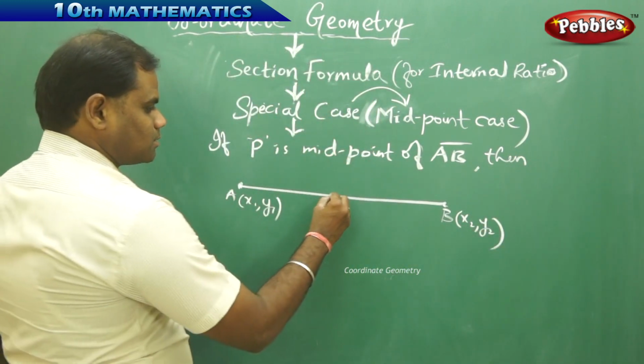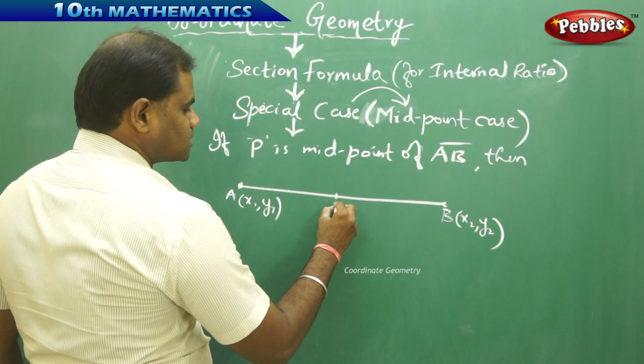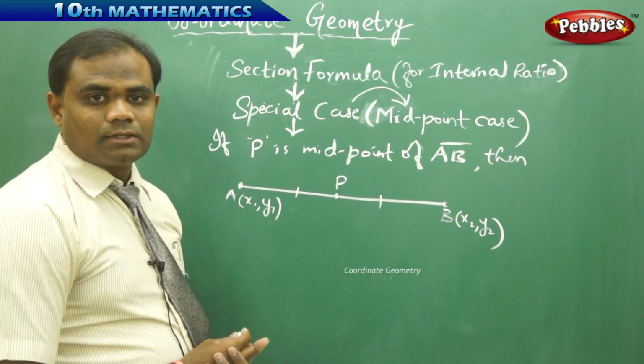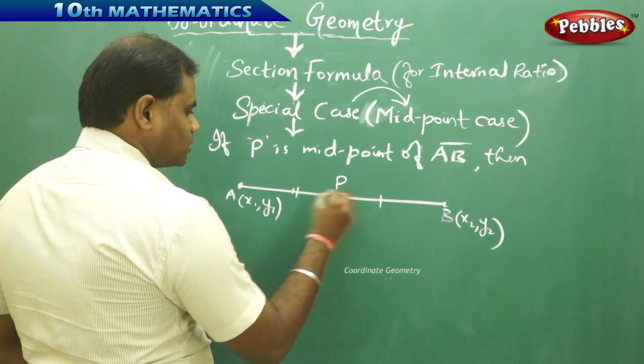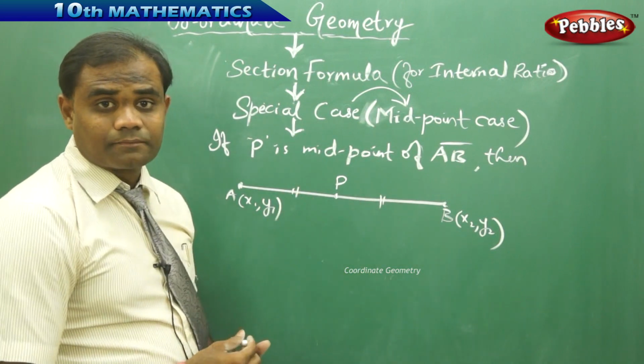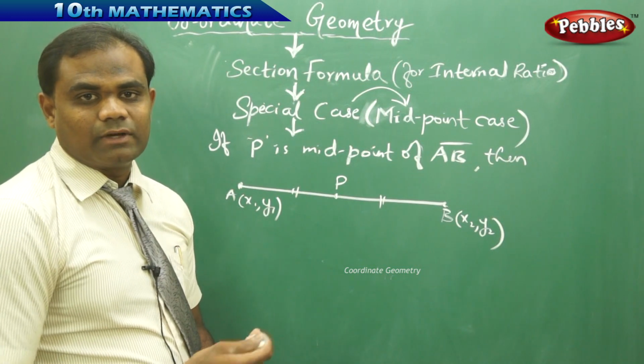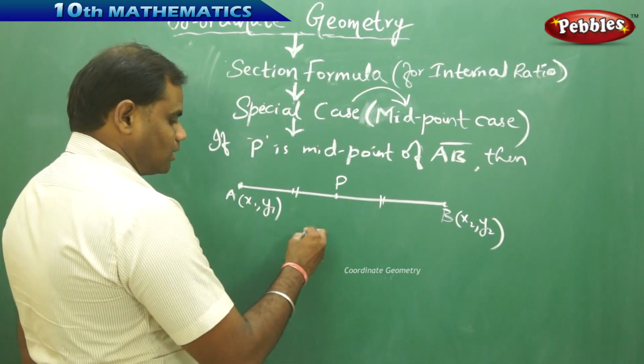But since P is the midpoint, it is equidistant from A and B. Therefore, because these two distances are equal, I get an equal ratio, so that this becomes 1:1. Let's see how.